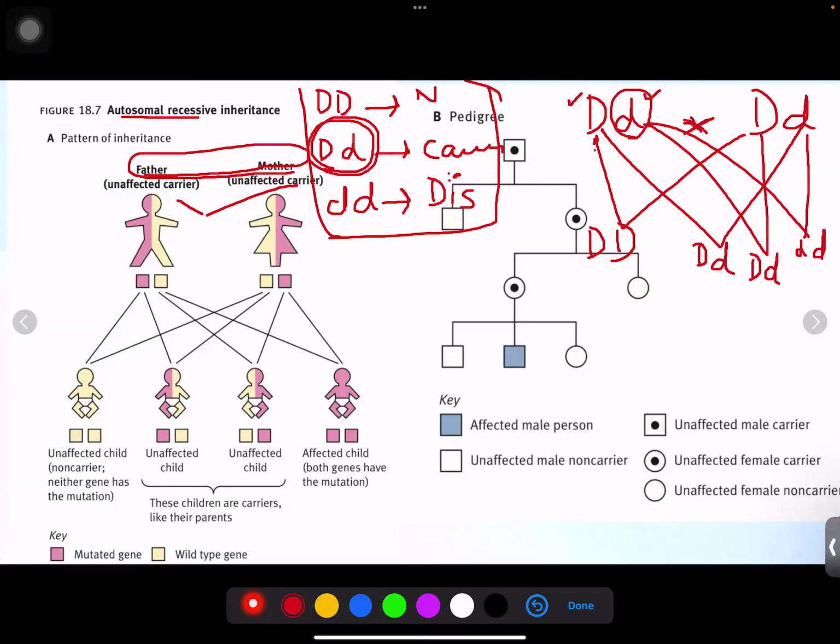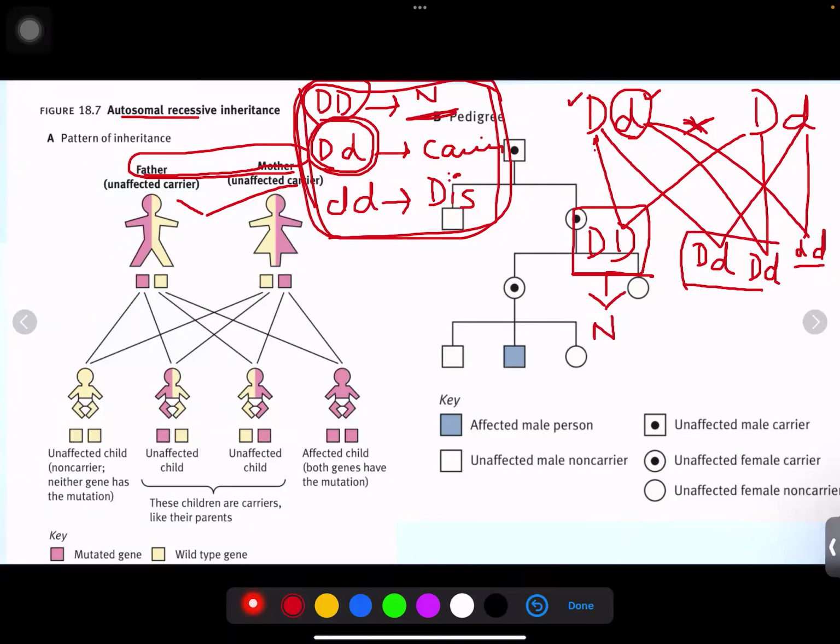Now look at this corner and categorize these three things. What is this? See, this capital D means that this is normal. And what does capital D, small d mean? This is a carrier status like the parents.